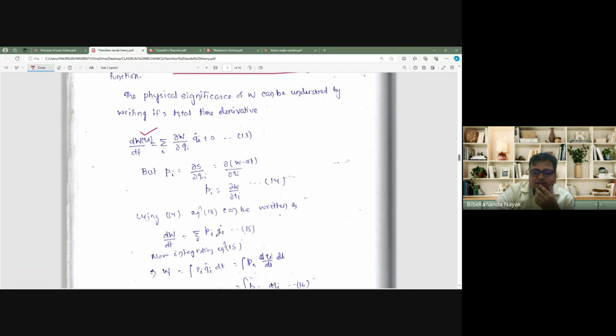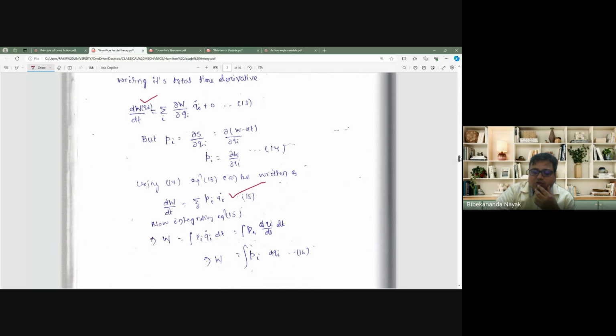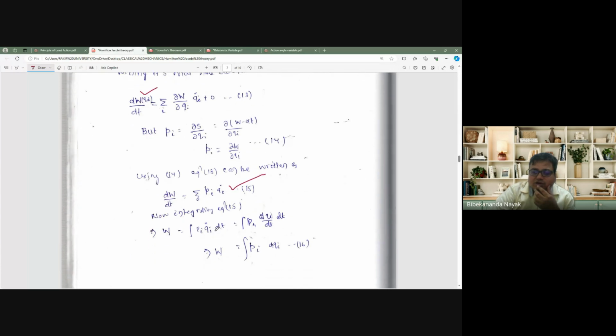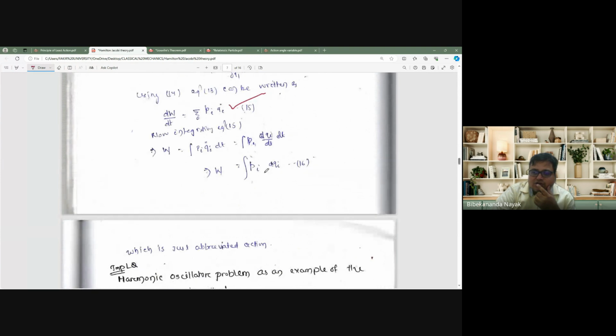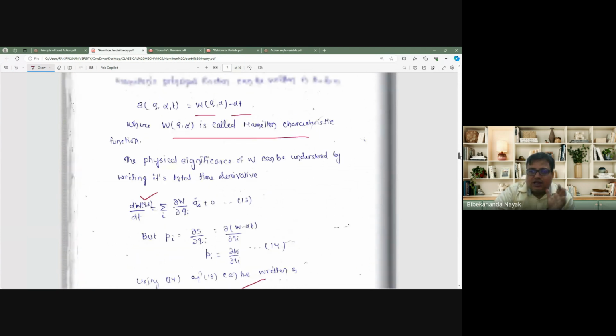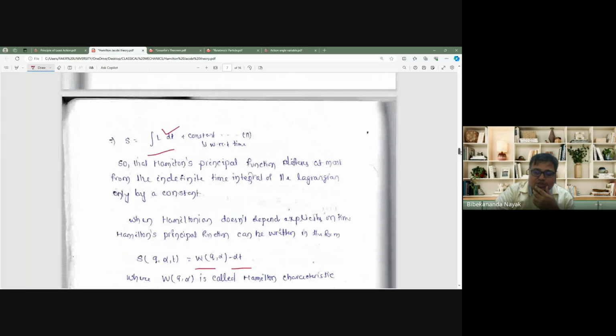So dW by dt is equal to sum over pi qi dot. So W is equal to the integration of pi qi dot, that is pi dq by dt, into dt. This is the action, nothing but the abbreviated action. So these two are Hamilton's functions, one is the characteristic function, another is Hamilton's principal function.